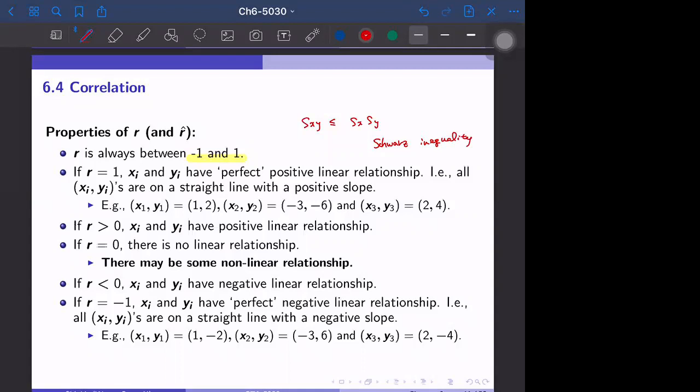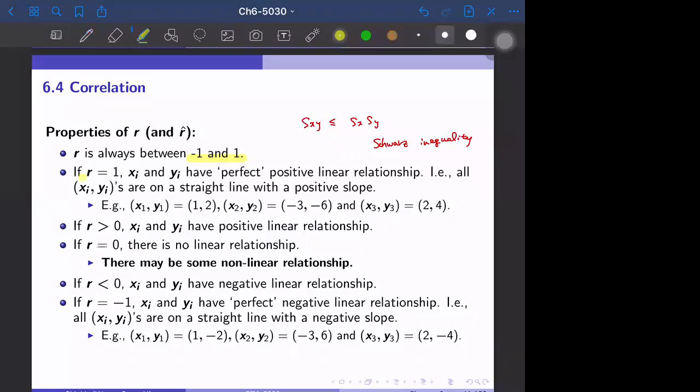Probably you have proved that the inner product of x and y does not exceed the product of the Euclidean lengths of x and y. And we have basically the same proof for this.